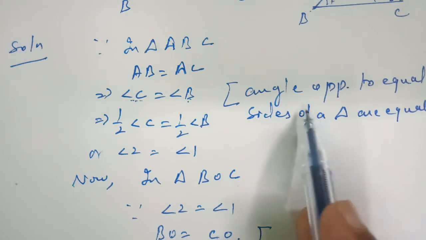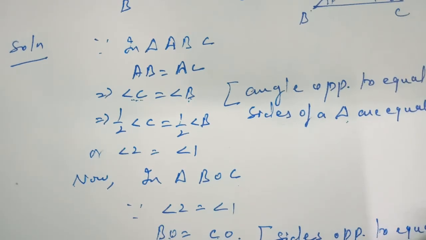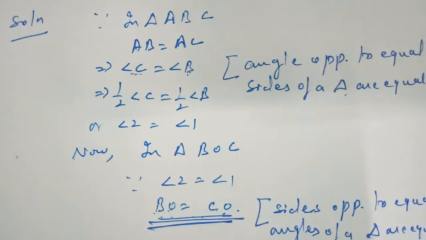Again we have to write the statement of the property. Since we get the side, we write the statement using the side: sides opposite to equal angles of a triangle are equal. So the first part we have observed.